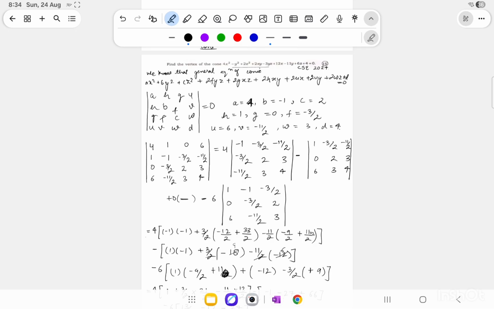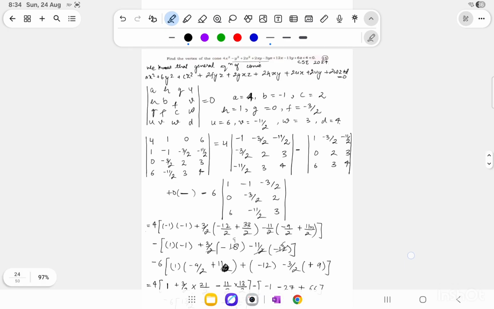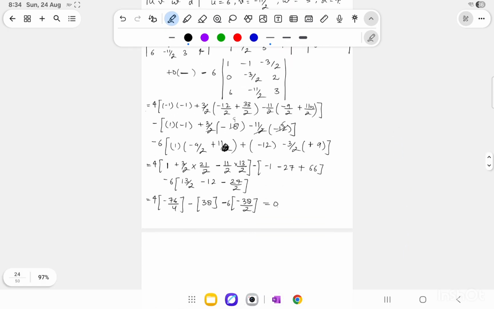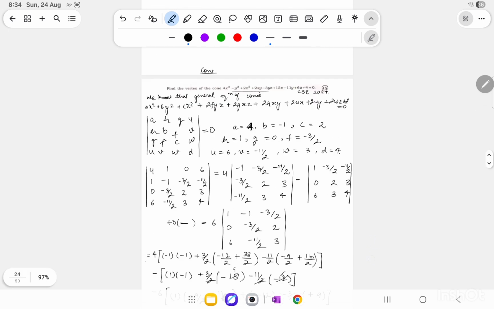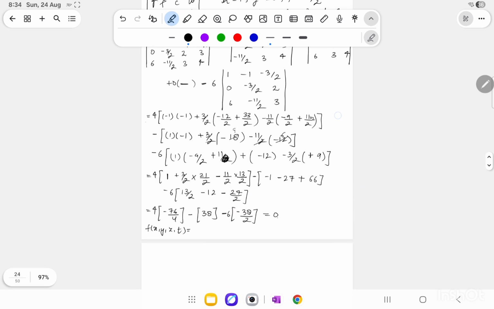So now let us find the vertex of the cone. The given equation is 4x square, a function of x, y, z, comma t. We'll just homogenize the given equation and then use the standard method.